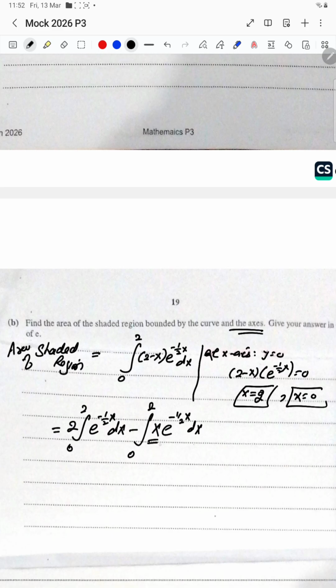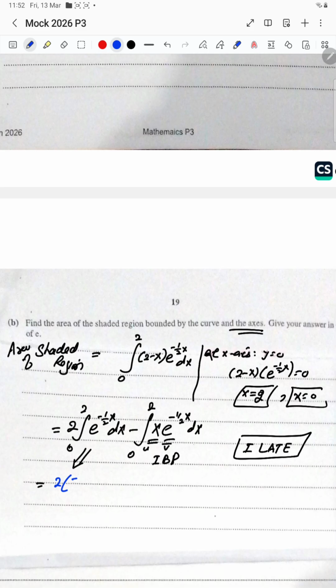Here I will use integration by parts, using ILATE. Integral values, logarithm, algebraic, trigonometric and exponential function as well, that is what ILATE means. So accordingly this will be the first function, this will be the second function, and the first one's integration is very simple.